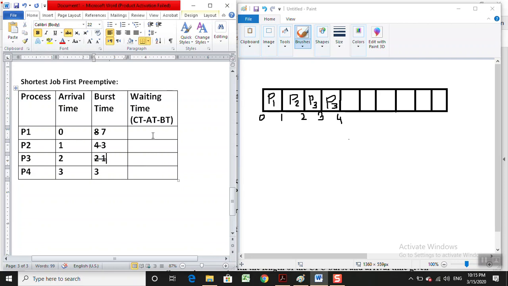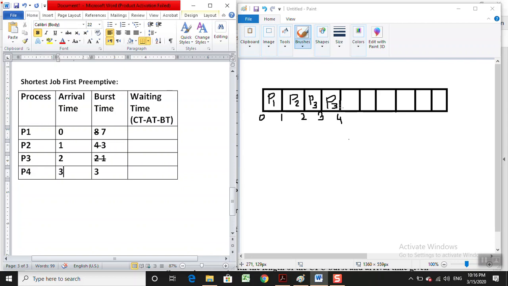Alright, so now at this time there is no checking of any other new processes, because all processes have arrived by this 3 milliseconds. So there is no checking of any other available processes having a shorter burst time. Now we need to check which process has the shorter burst time. Now you see P2 has 3 and P4 has 3, so either can be scheduled here.